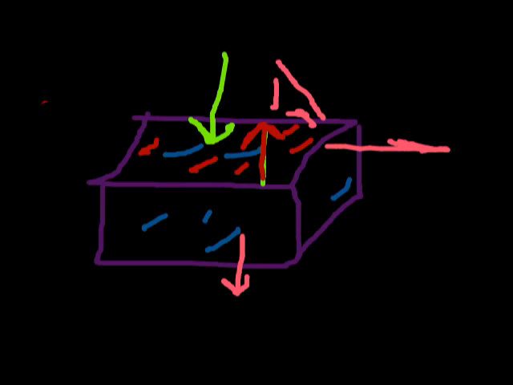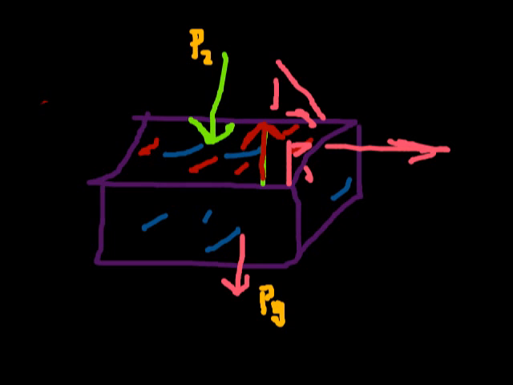So that means we have static fluid. If you have static fluid, this pressure 1 must equal this pressure 2 and the pressure of gravity, because the object is in equilibrium.